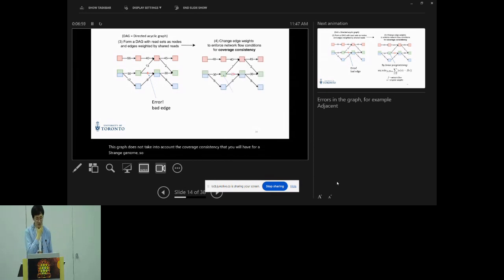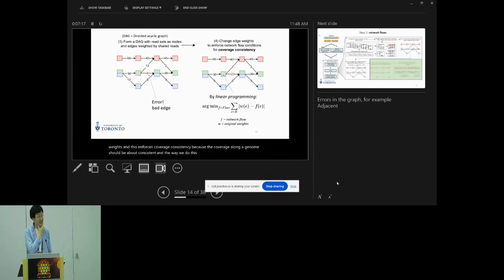So what we do is we change the edge weights to enforce network flow conditions. A network flow requires that the input edge weights are equal to the output edge weights. And this enforces coverage consistency because the coverage along a genome should be about consistent. And the way we do this is by linear programming.